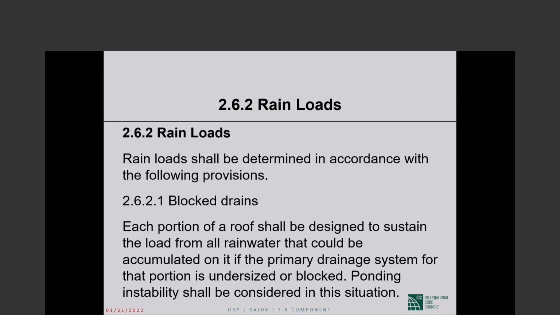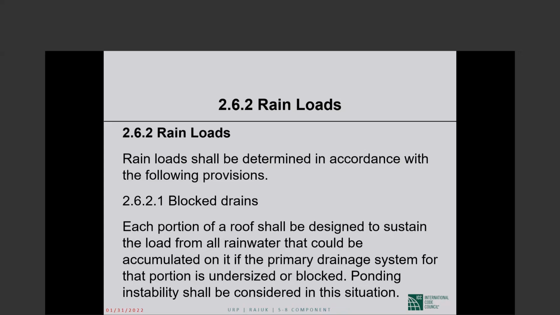Okay, so let's take rain loads, for instance. Rain loads shall be determined in accordance with the following provisions. So following provisions, the first thing it says is blocked drains.